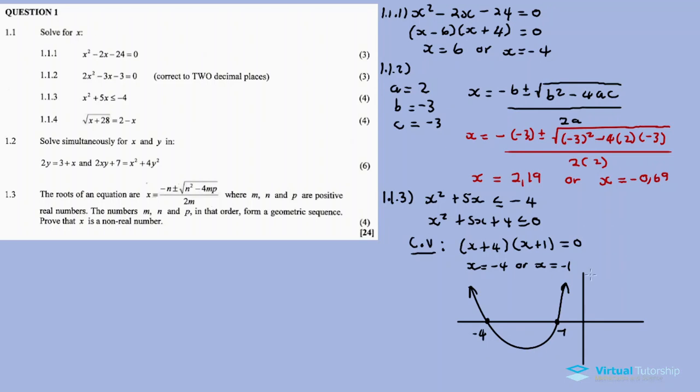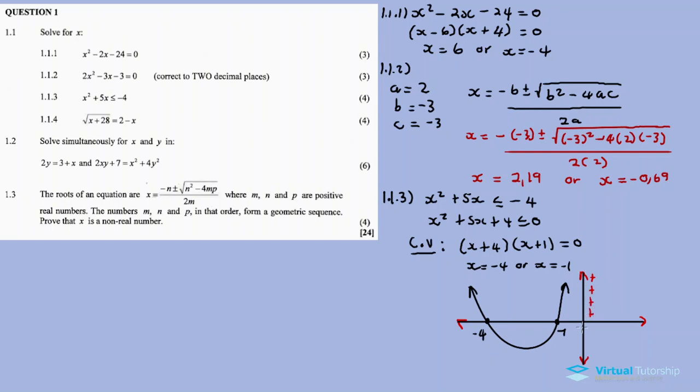Again, this is the y-axis and this is the x-axis. In order to solve this quadratic inequality, you need to check your y-axis. It is less than or equal to 0. I know that on the y-axis, this is the positive side.